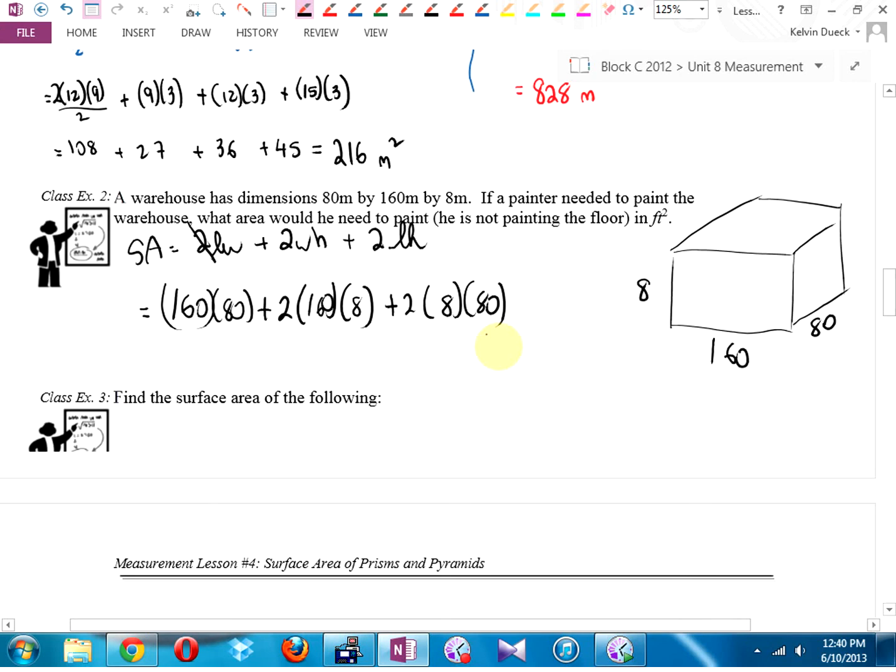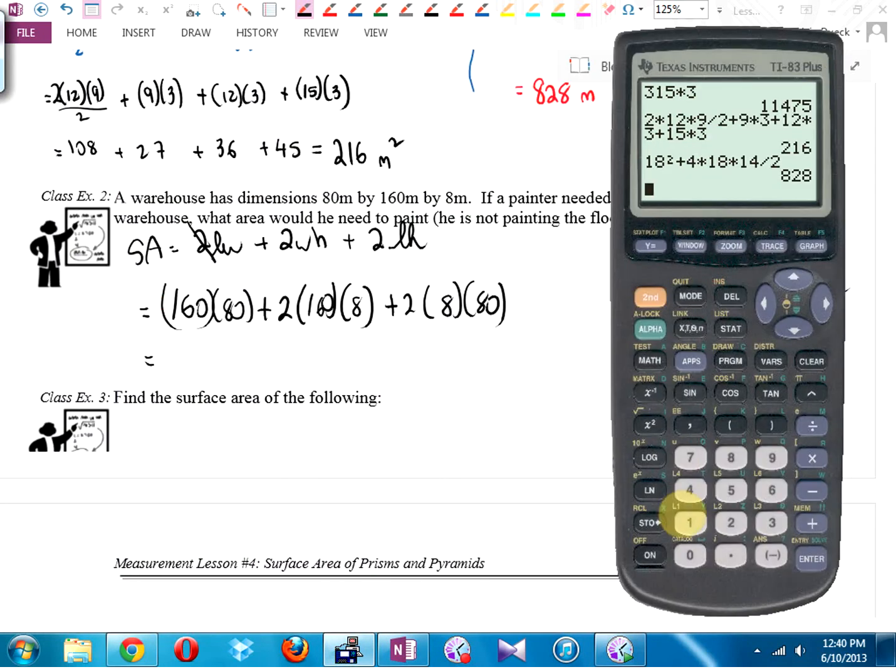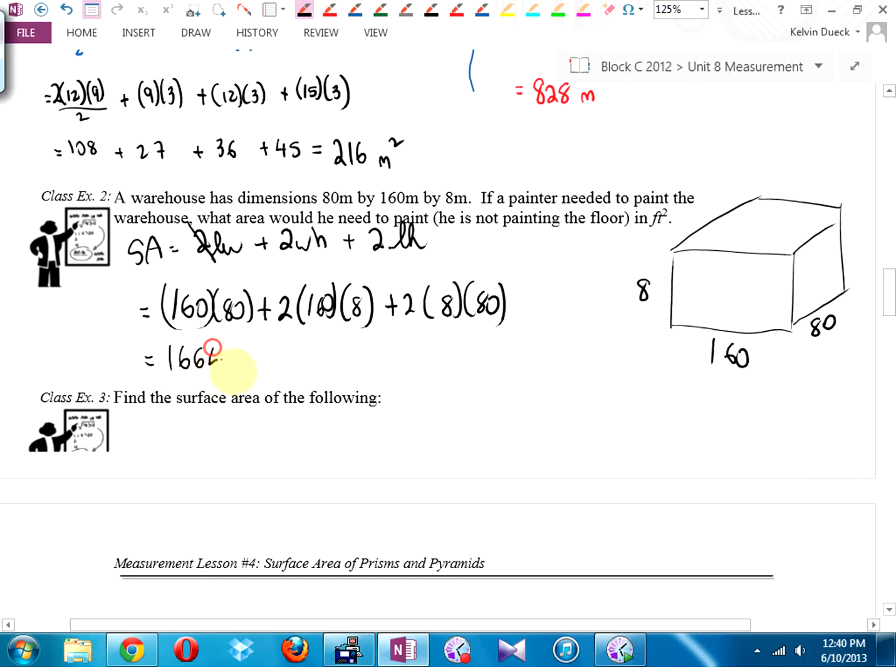What do we get? 16,640. We're good? Units? Well, that's square meters.